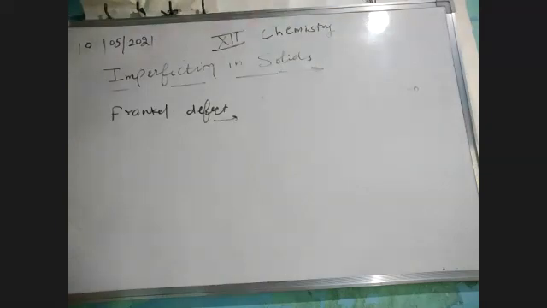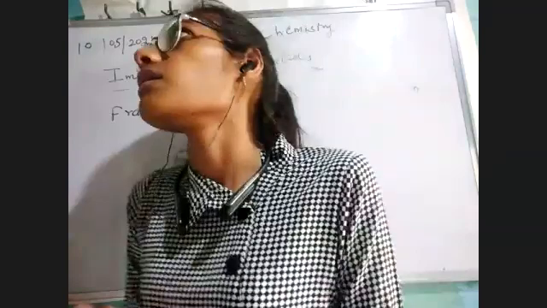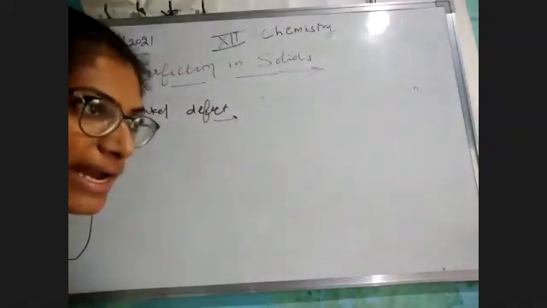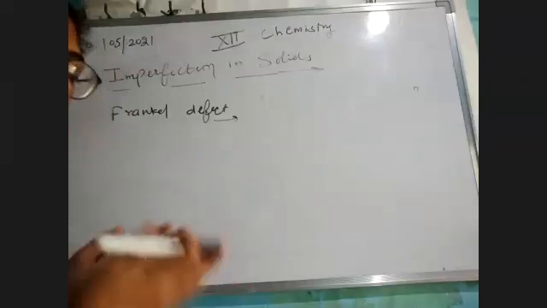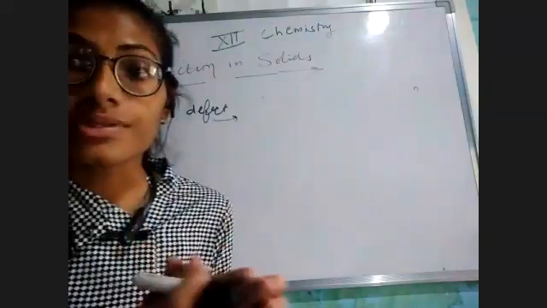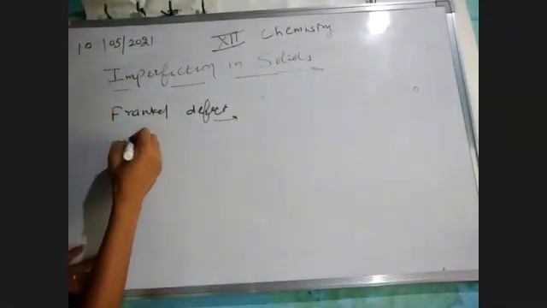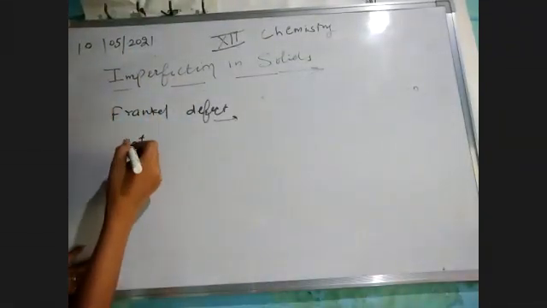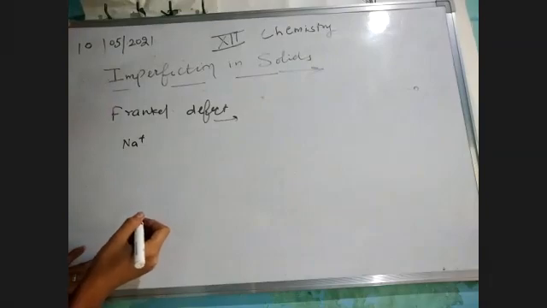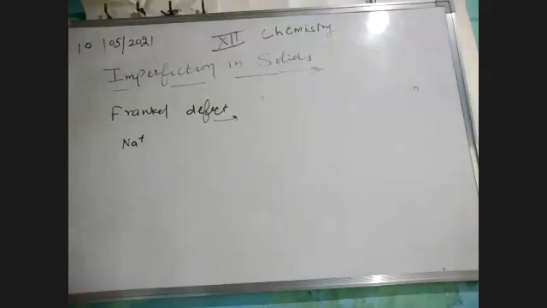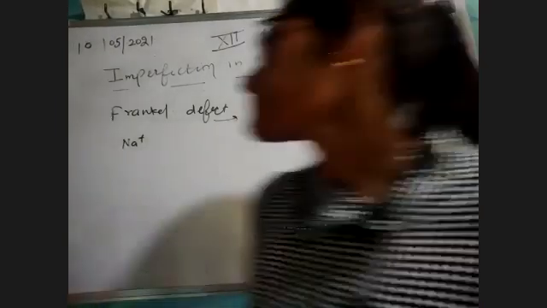But the reason behind this is that the smaller ions, suppose the cation, is dislocated from its normal position and it goes to the interstitial site. Let me explain with the help of a diagram. We are having the example of, yes, silver chloride rather than sodium chloride.